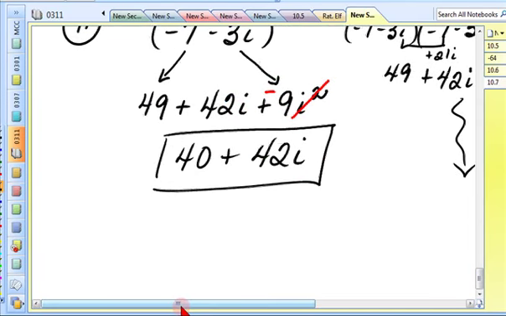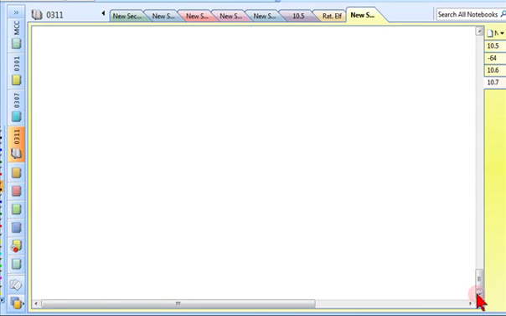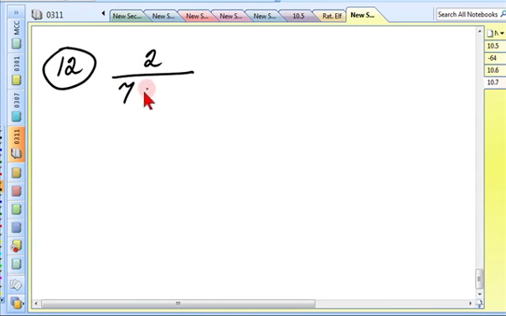All right. It's time to divide. Well, we're not really going to divide, but we are going to rationalize the denominator. It has 2 over 7 plus 9i.